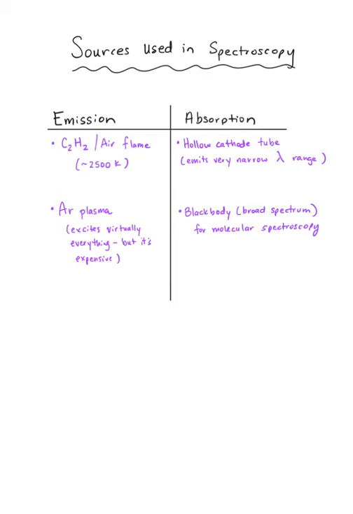This black body or broad spectrum light source that could be a simple white light bulb, or maybe includes a UV light generating source, is used for molecular spectroscopy because molecules are more complex and will absorb differently depending on their molecular structure.